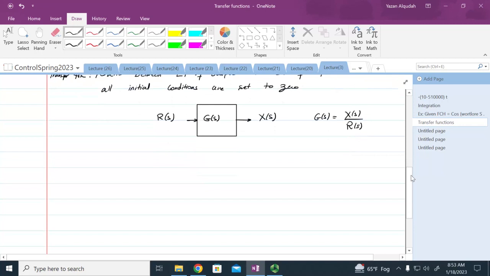And before we do an example, just one more definition. When we have G of s, this is a polynomial N of s divided by a polynomial D of s. D of s, we refer to it as the characteristic polynomial.